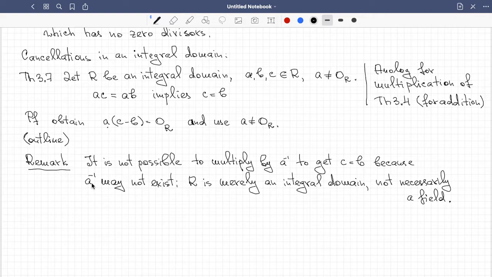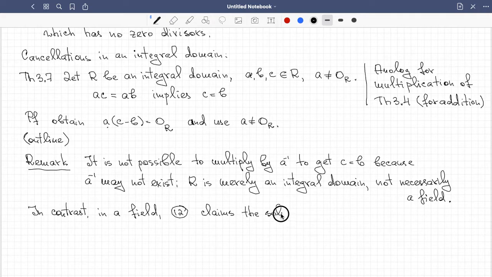In a field, in contrast, condition 12 claims the solution for AX equals 1_R exists as soon as A is not 0 in R. So if the condition here was not an integral domain but a field, you can multiply by the inverse.